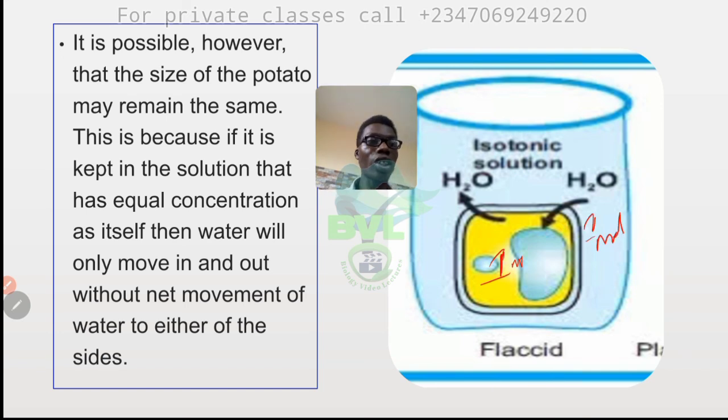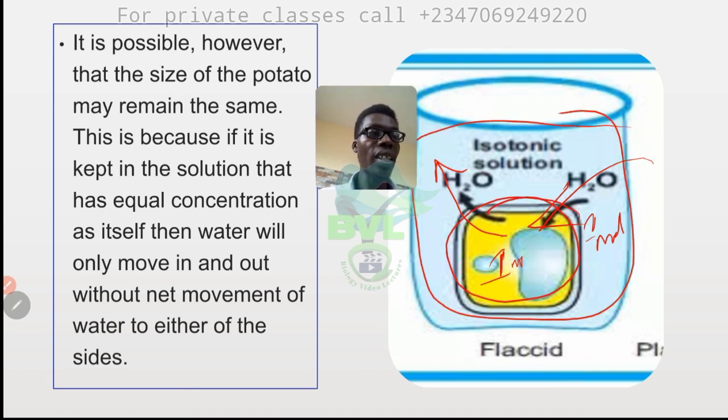It's the same concentration. So what happens? Water will move out, water will move in. There won't be any net gain. This potato will not become bigger. The level of water in the sugar solution in the jar will not become bigger either. It just remains the same because of the same concentration.